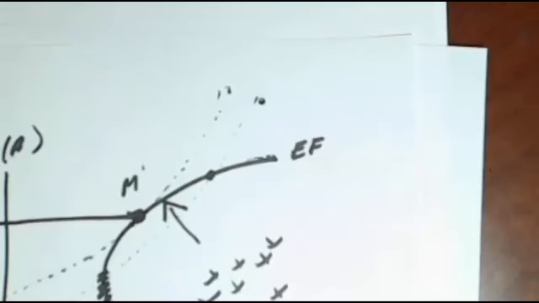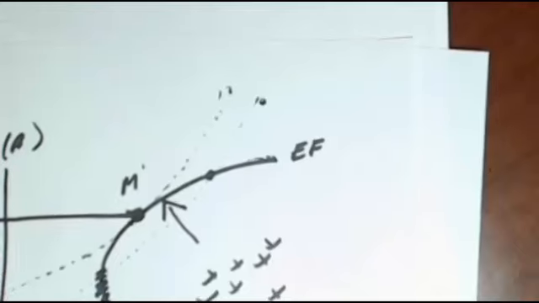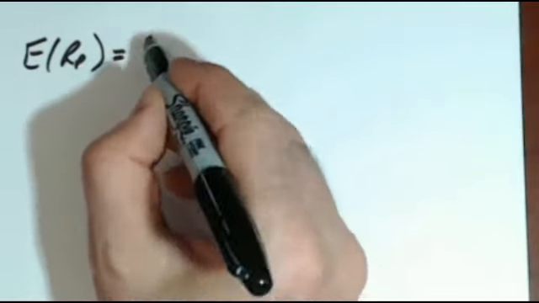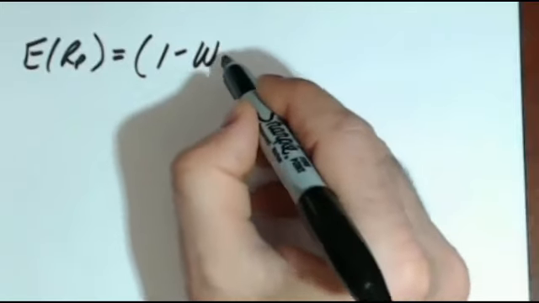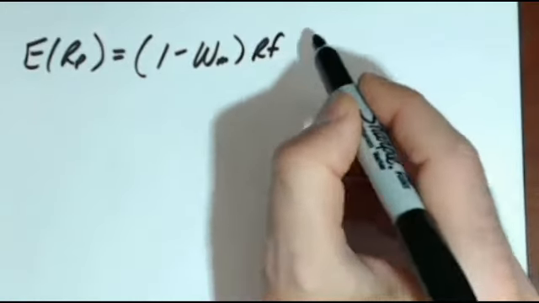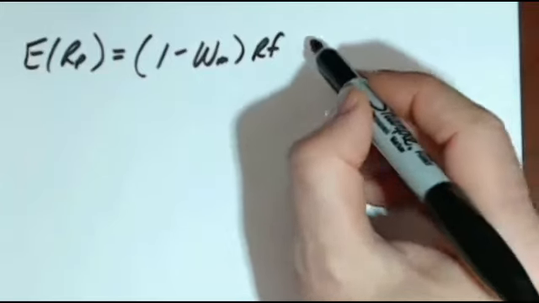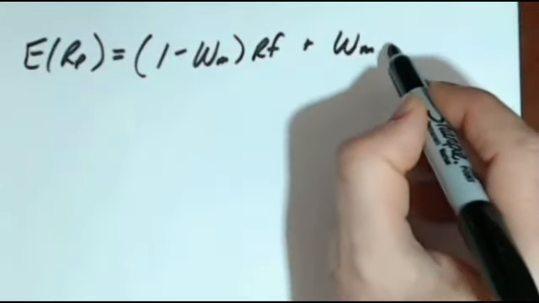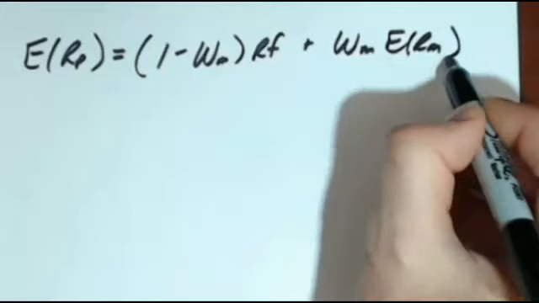Okay, so now what we want to do is bring the risk-free asset and the market portfolio into the math. And so what I want to do here is look at the expected return of a portfolio that's invested some of its money in the risk-free asset, and some of its money in the stock market.